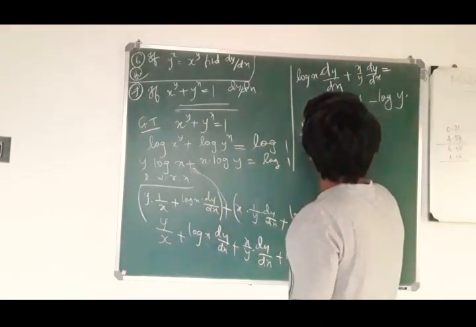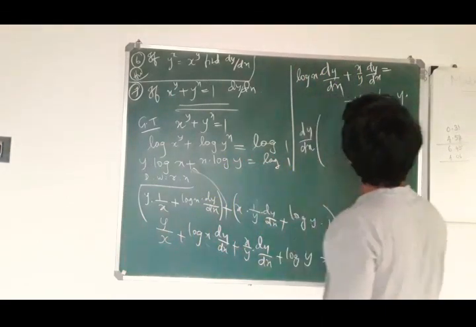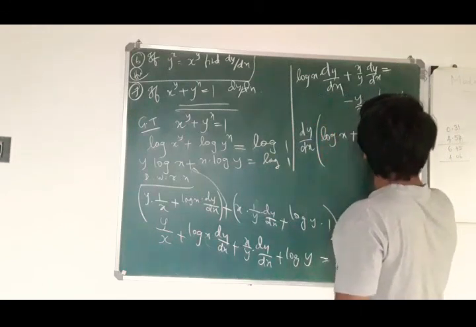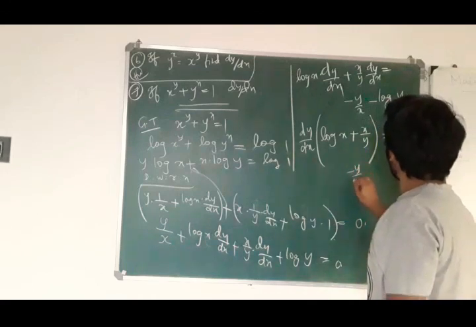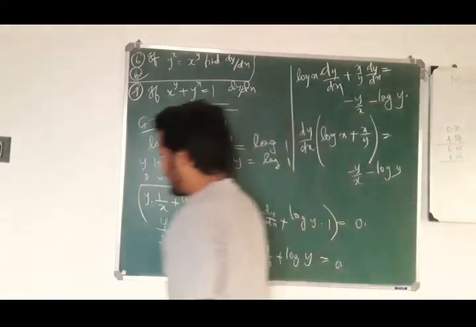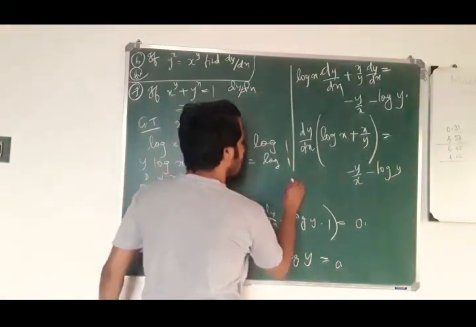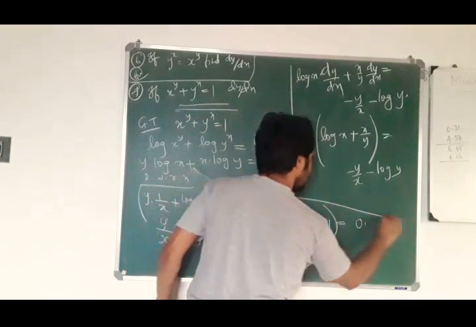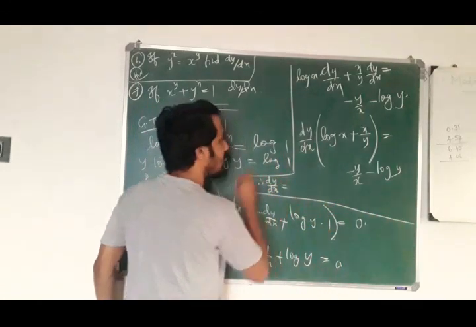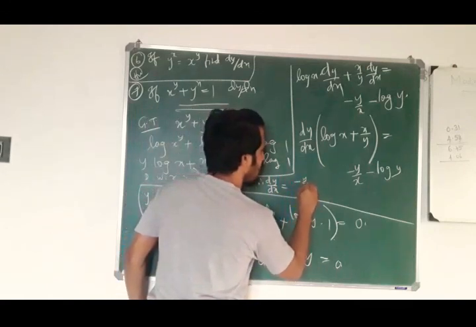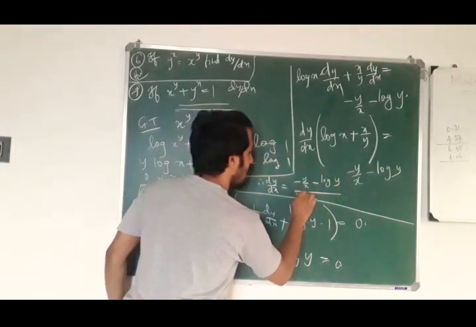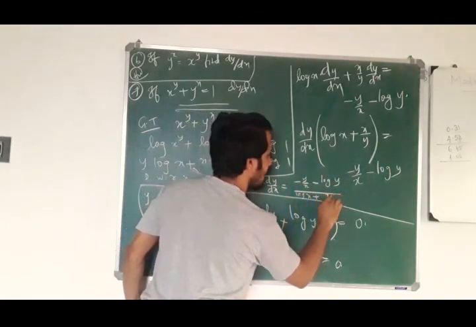From the left hand side, if I take dy by dx outside, log x plus x by y is equal to minus of y by x minus log y. Yes or no? Therefore dy by dx is equal to minus y by x minus log y divided by log x plus x by y.